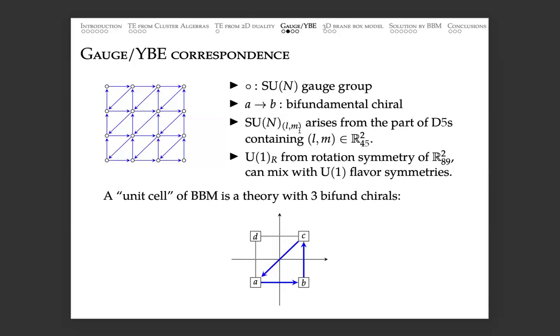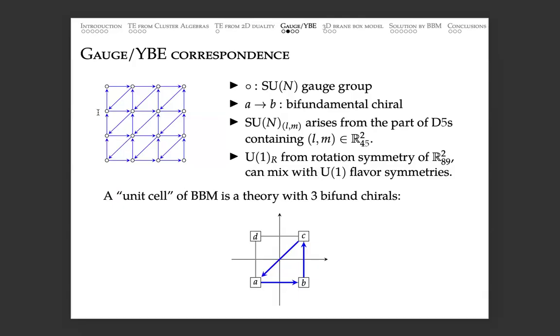And there is something called U(1)_R symmetry, which comes from the rotational symmetry in the R^{2,8,9} directions. All of these branes are located at the origin, so there's this rotational symmetry, which gives rise to this U(1)_R symmetry. And there are a lot of global symmetries called flavor symmetries. So that's what the theory is.